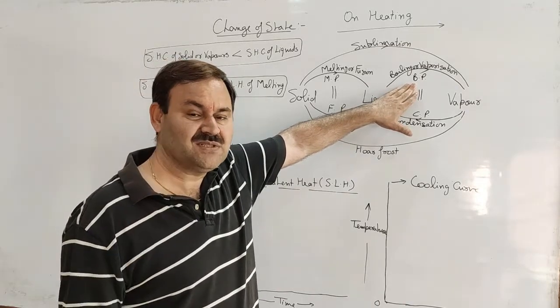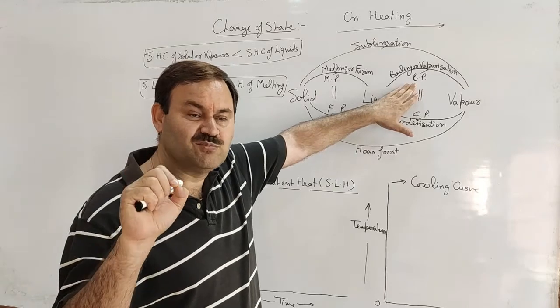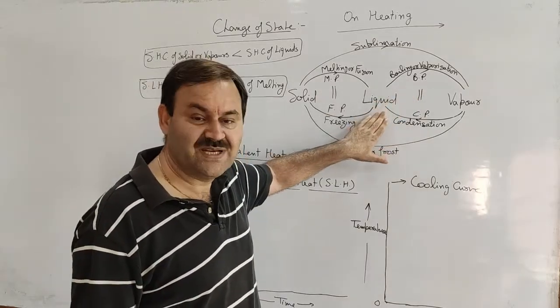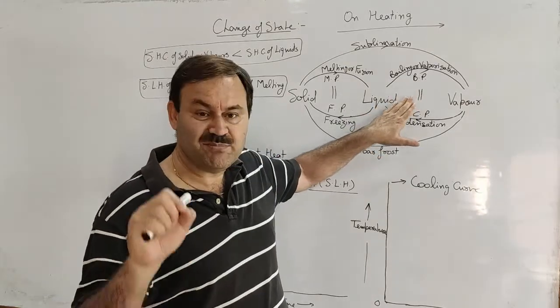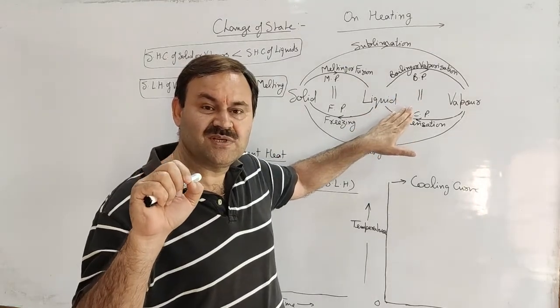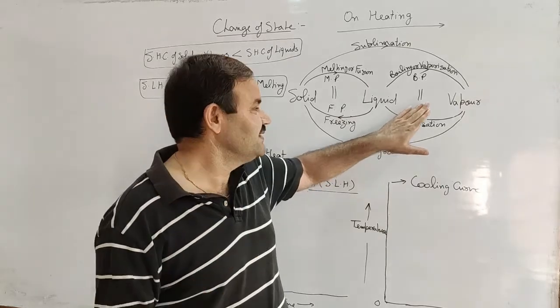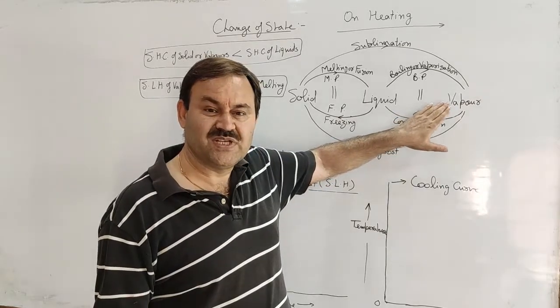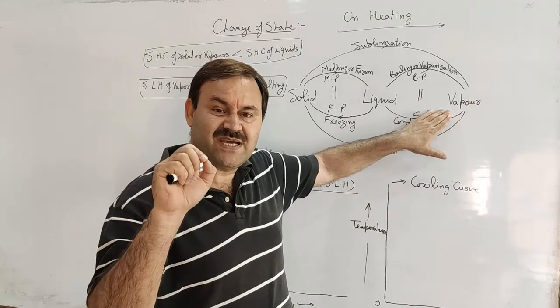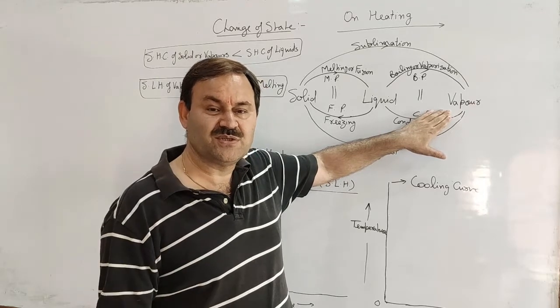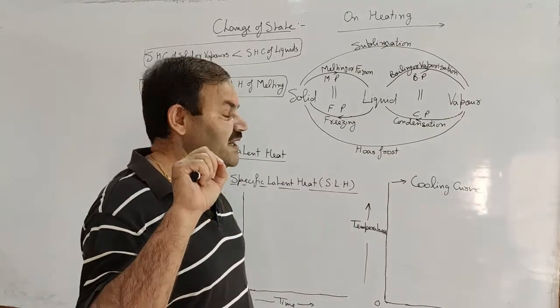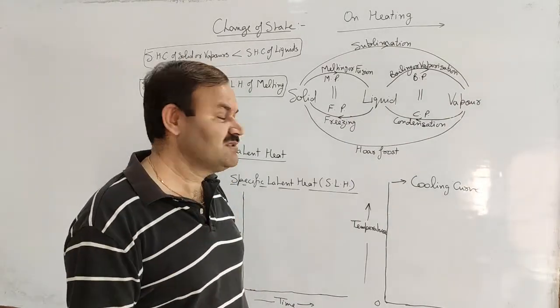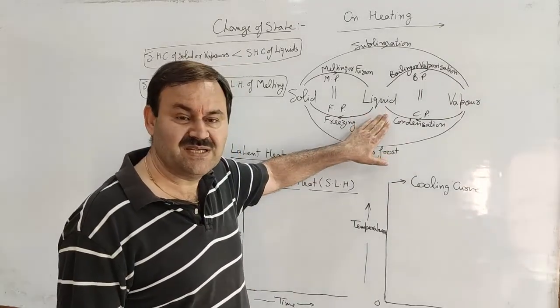At that temperature, average kinetic energy of molecules of liquid will be maximum, while this maximum kinetic energy of molecules of liquid will be equal to the minimum average kinetic energy of molecules of its vapor state. It means again a constant temperature will be attained by the liquid.